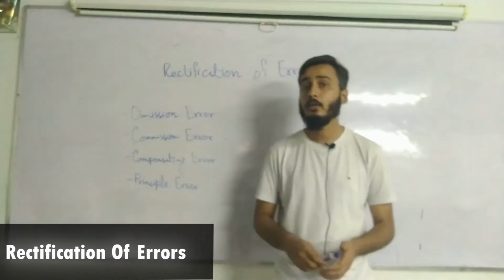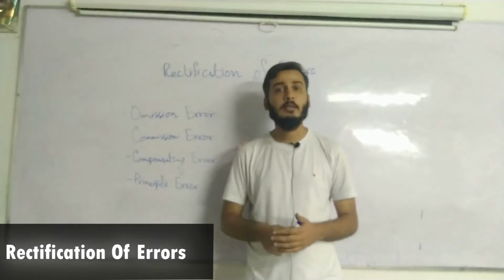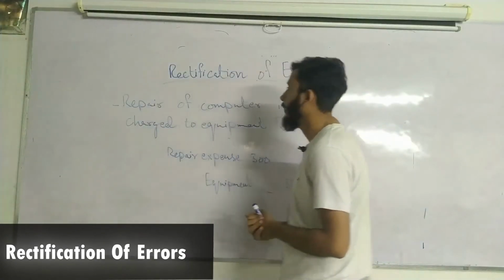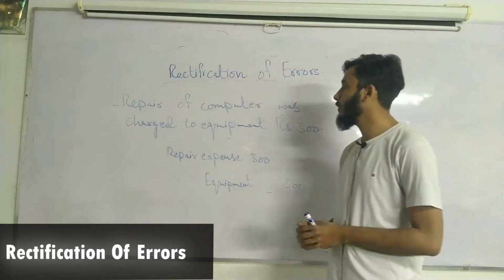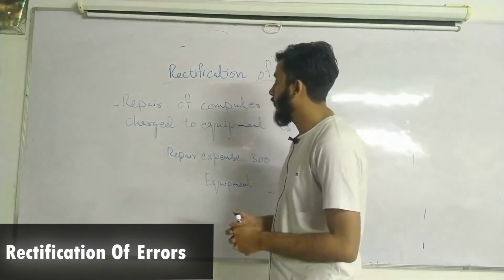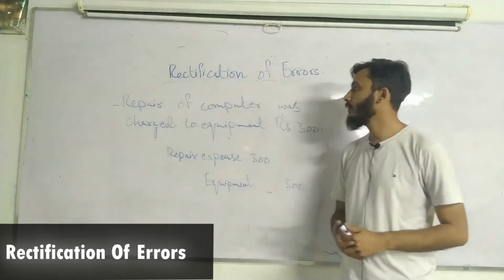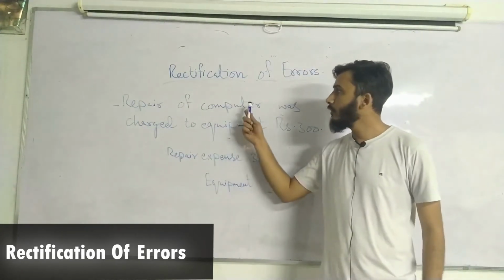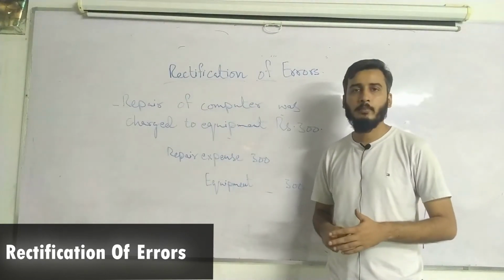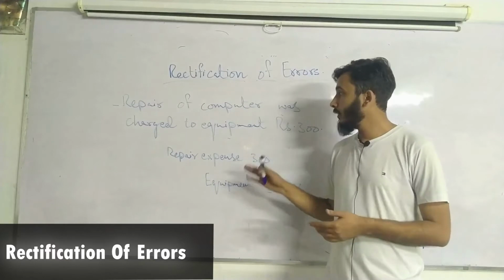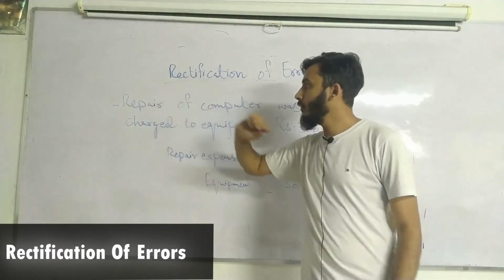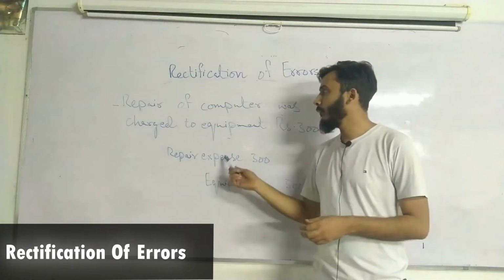So let us discuss how to pass the entries under this. Going to the first one, here we have repair of the computer was charged to the equipment, rupees 300. So it was a principal error, that I charged an ordinary repair to the major repair account. So I recorded it as equipment instead of repair expense.